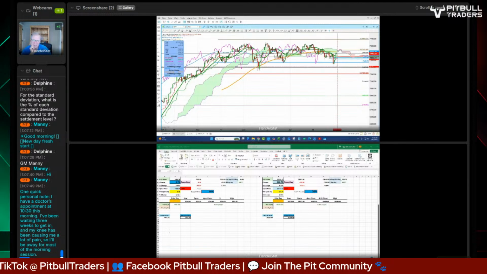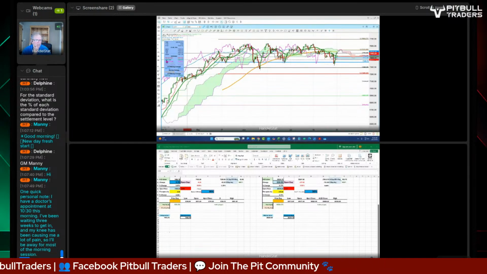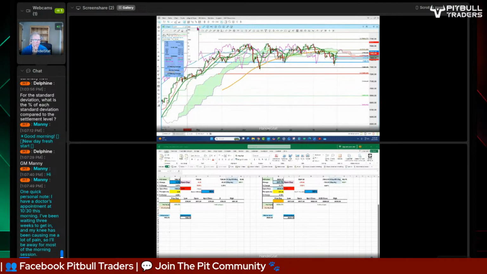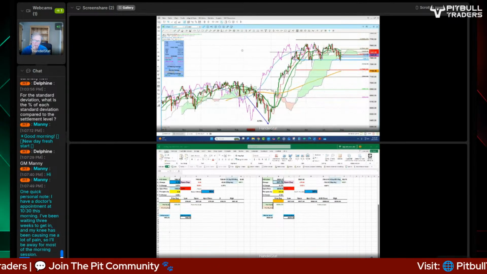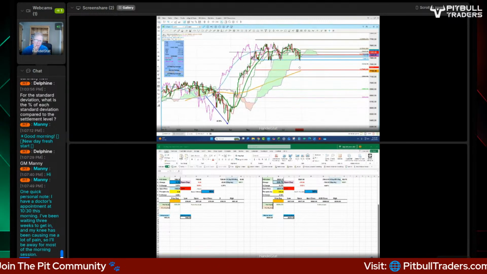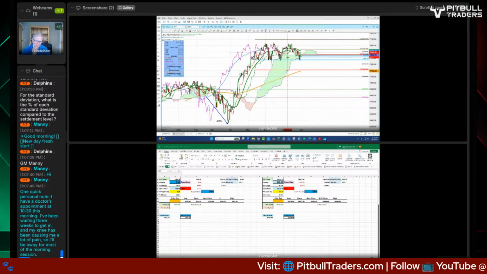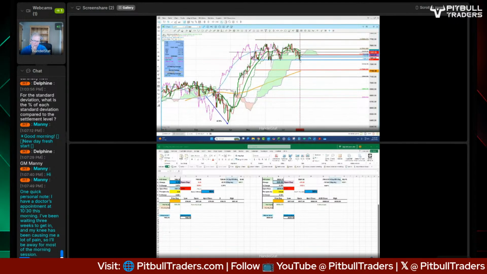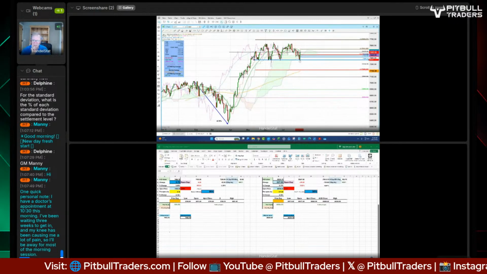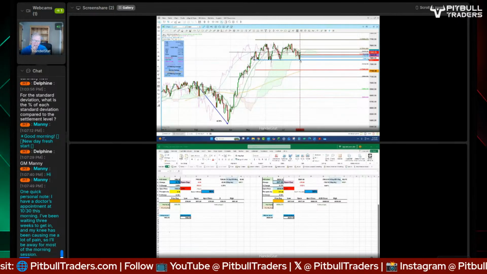So I'm still thinking a little bitty pullback here. Let's look at the 1440 though and see what the bigger picture is looking like. Bigger picture, the same story, trading in a price range. We got a big up candle here on this 24-hour period yesterday, and now we're trading up here.